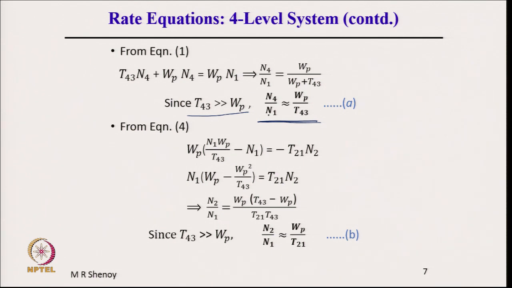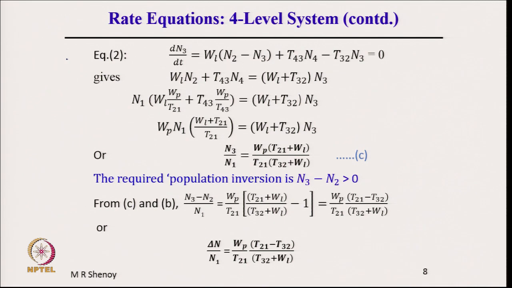We have substituted for N4 by N1 from here, Wp into T43, and we have an expression for N2 by N1 which is Wp into T43 minus Wp into this. As before, since 1 by T43 is much greater than Wp, this term is much greater, so we have neglected the other, then T43 cancels, and N2 by N1 is nearly equal to Wp into T21.